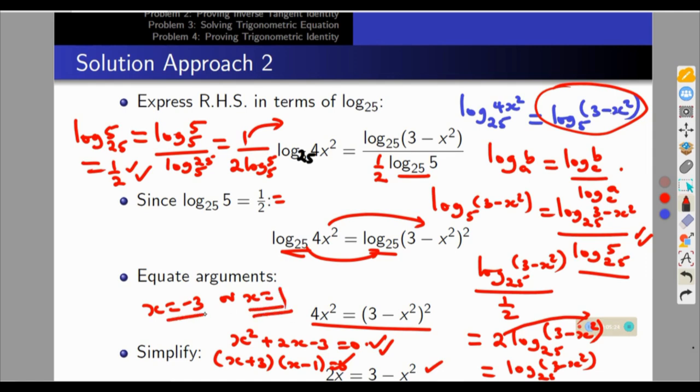So these will be the values of x, and we obtain the same values when we look at the two approaches. So let us now look at the final value of x. We need to see which value of x satisfies the given expression.